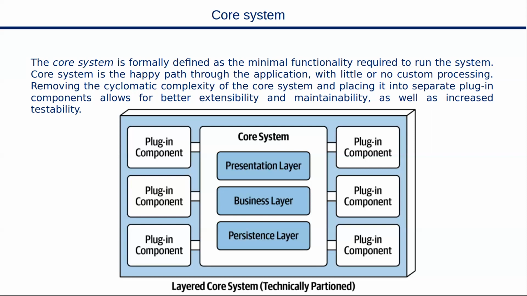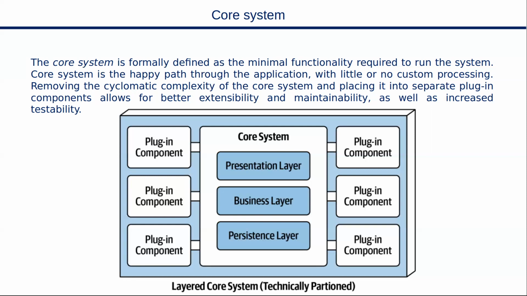What should be inside the core of the system? As you can see, there are different variants of the microkernel architecture core system. Here in the image, you can see that it contains, for example, a layered architecture.